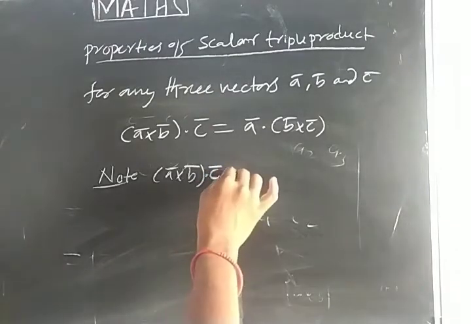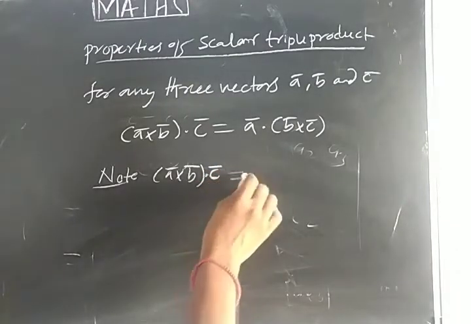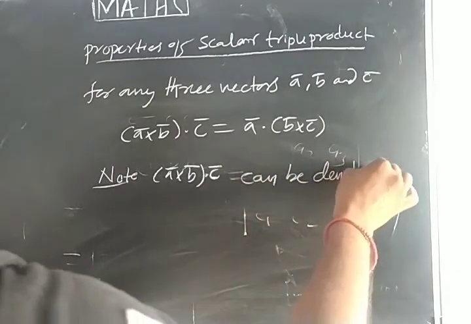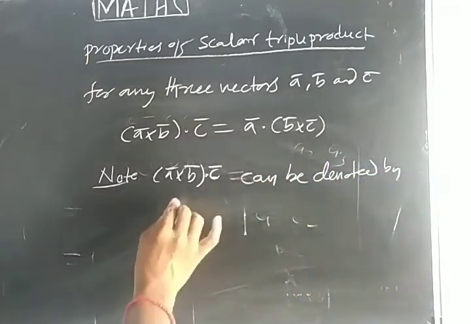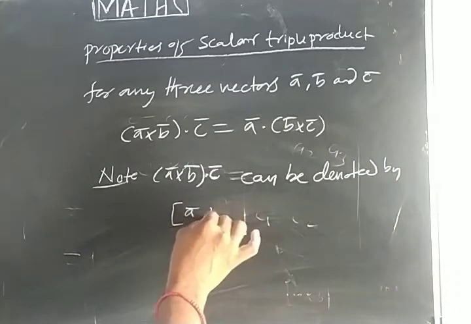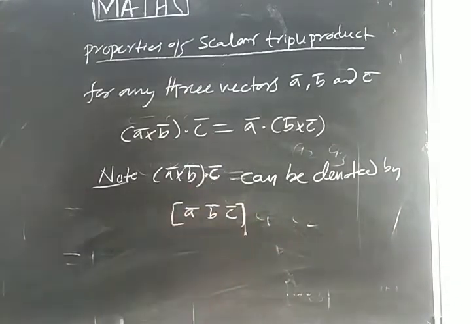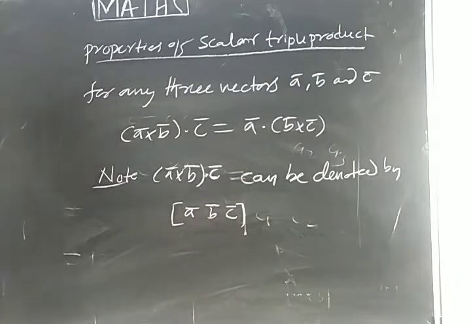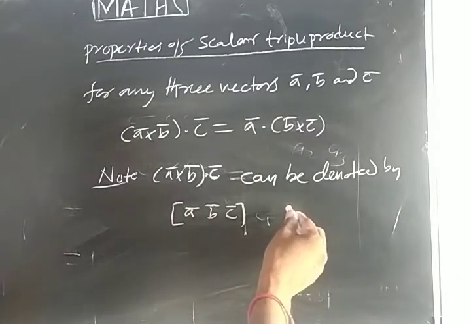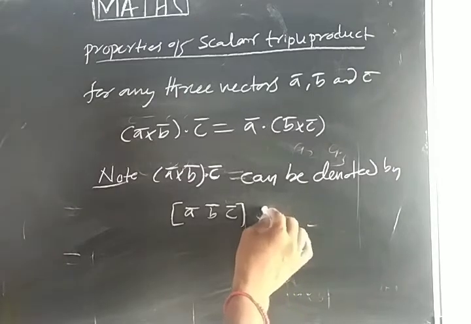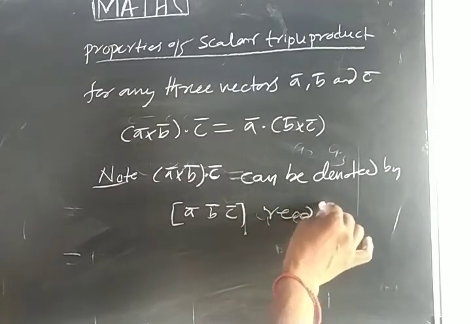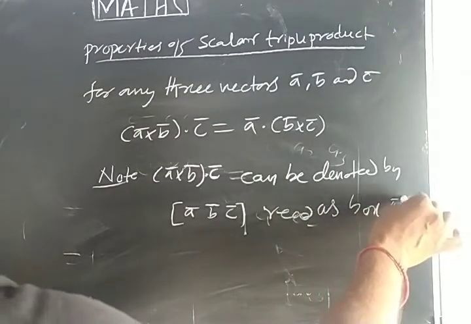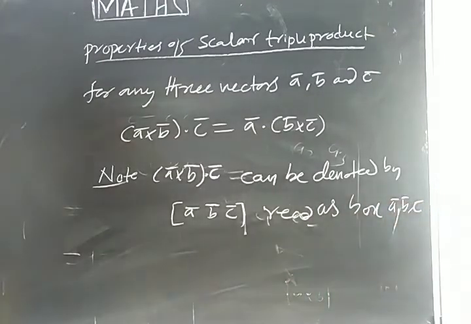It can be denoted by box of A bar, B bar, C bar. The scalar triple product you can also denote by the bracket A bar, B bar, C bar, and read as box A bar, B bar, C bar.